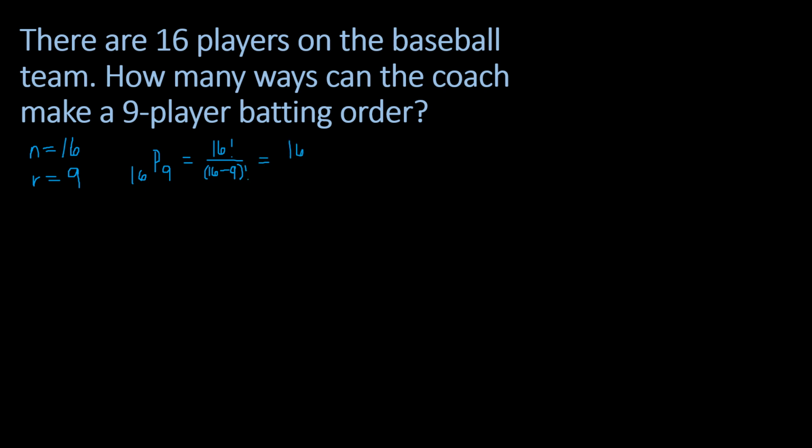So simplify. 16 minus 9 is 7. And then that means I'm going to pull out the 16 factorial till I hit 7. So 16 times 15 times 14 times 13 times 12 times 11 times 10 times 9 times 8 times 7.